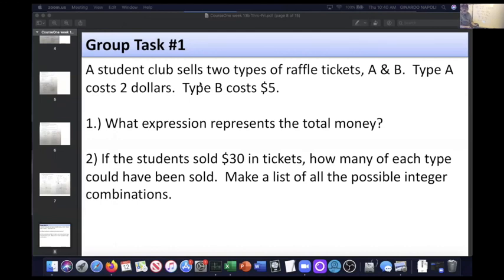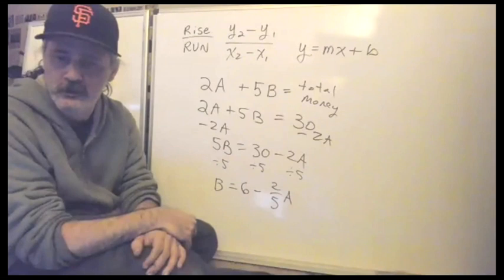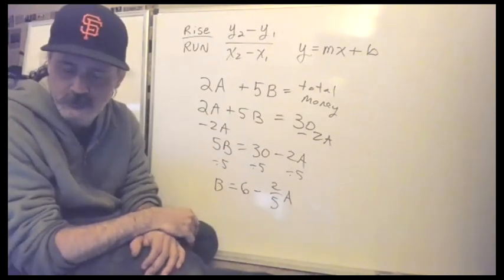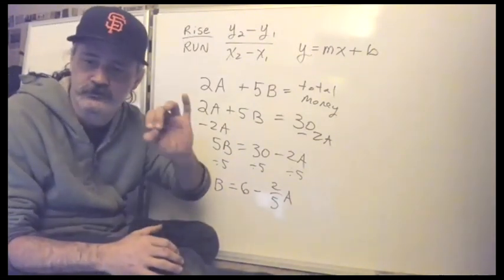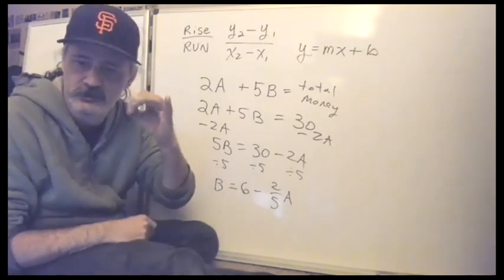We can't have negative numbers for tickets, and if you're selling tickets, you can't sell 2.67 tickets. So the only solutions we're interested in are what combinations of 2s and 5s would equal 30. The only ones that work are going to be whole numbers. And when we say whole numbers, we include 0. Whole, like a whole, 0 is included.